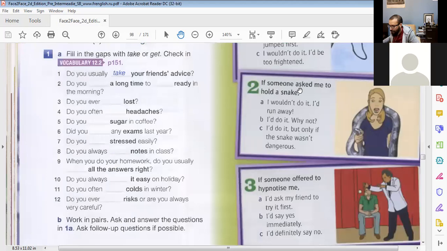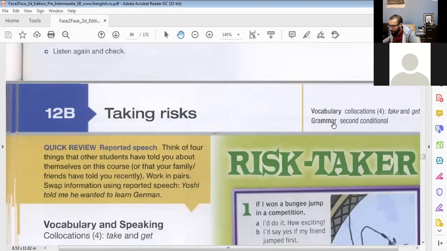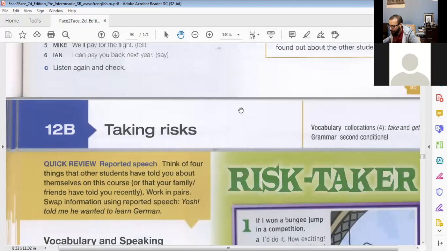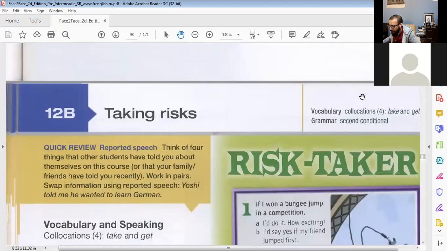Yes, we took the first conditional. If you study hard, you'll pass the exam. If you exercise every day, you'll become healthy. If you drive carefully, you won't have an accident. The second conditional is a cousin, the same family of conditionals. But there's a small difference. We'll talk about this also.